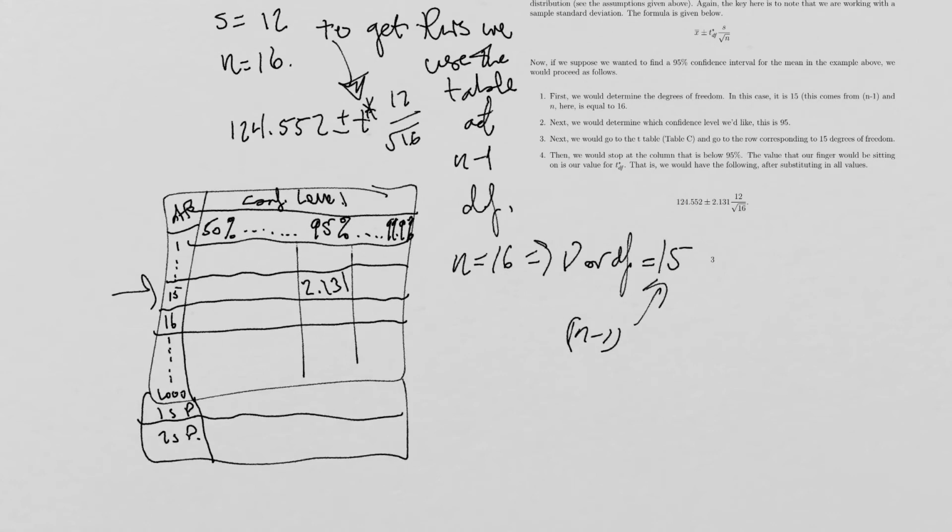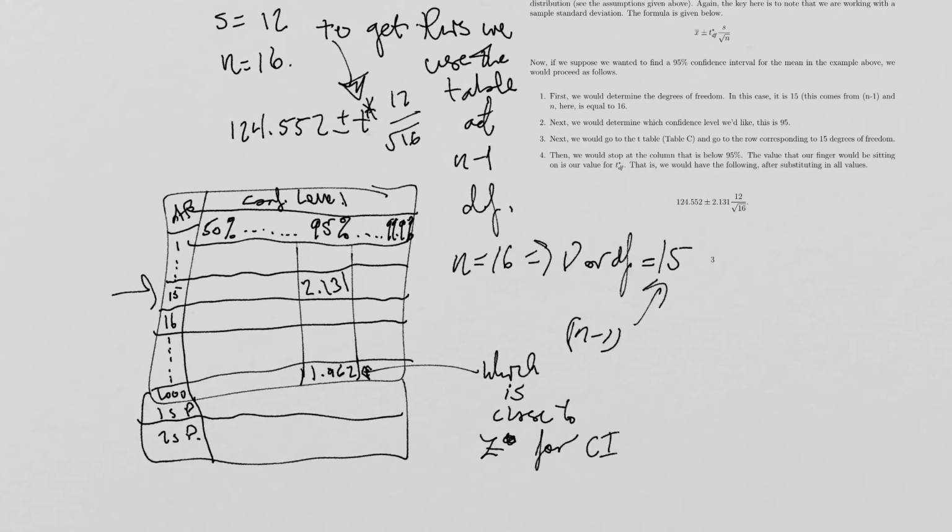Just an interesting note, if you look at degrees of freedom 1,000 and the 95% confidence interval, you'll find 1.962, which is close to z star for a 95% confidence interval.